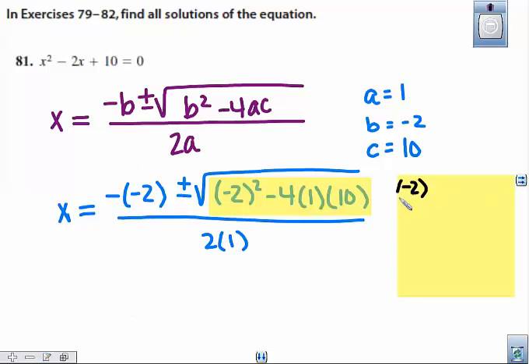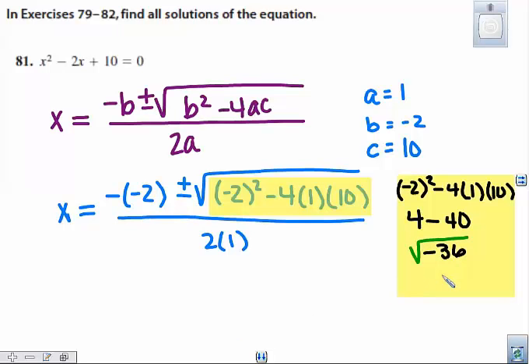Negative 2 squared minus 4 times a times c. So negative 2 squared is 4. 4 times 1 is 4, times 10 is 40. So that leaves you with negative 36. So all of this under the square root is square root of negative 36. And you need to simplify that. Okay, that is a perfect square. 36, square root is 6. So that's going to make our lives a little easier on this one.